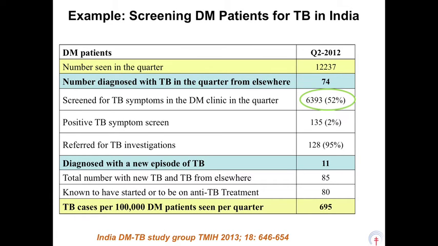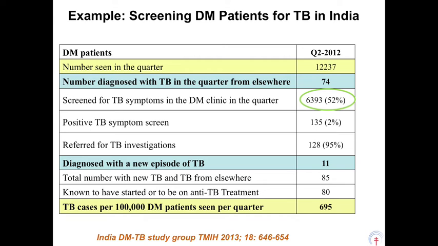Only half of the patients were asked 4 simple questions. Of those, a small number had a positive symptom screen. Most of those were referred for TB investigations, and just less than 10%, 11 patients, were found to have newly diagnosed tuberculosis. But as a result of this exercise, you can see we picked up 85 new TB cases during the quarter.